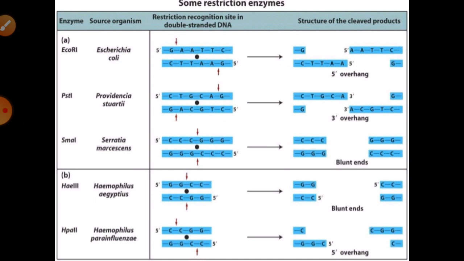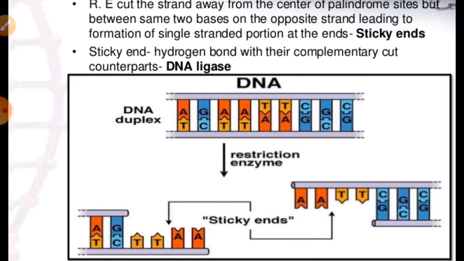Even in the given diagram you can see different types of restriction enzymes which cut in different conditions. There is one more thing: the sticky ends form hydrogen bonds with complementary cut counterparts with the help of DNA ligase.